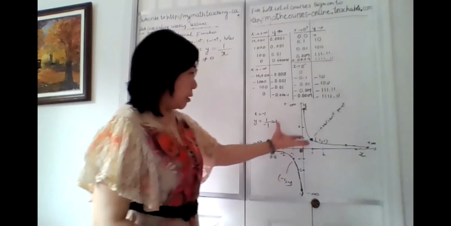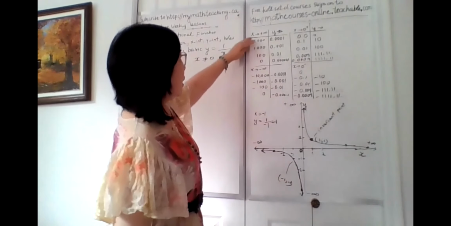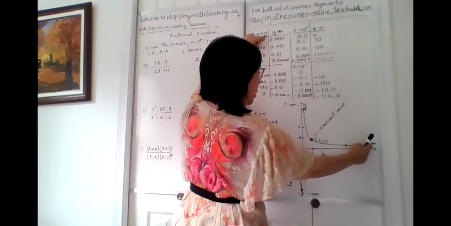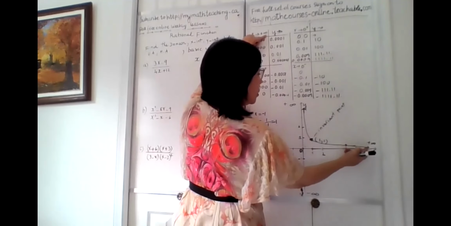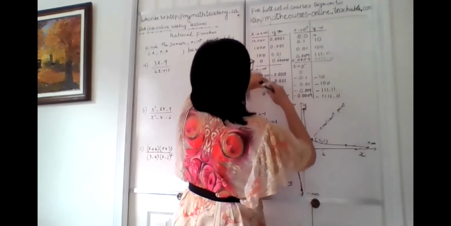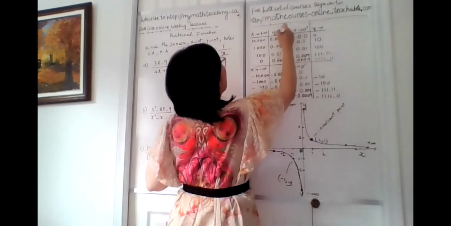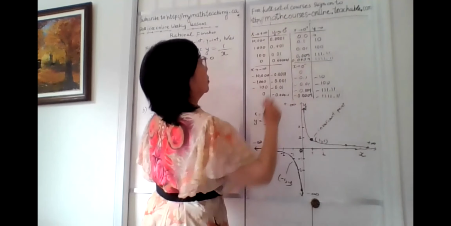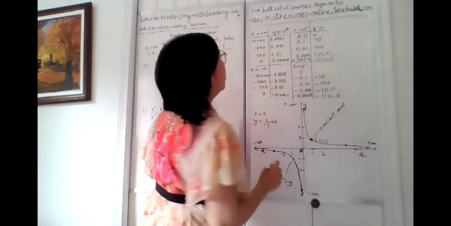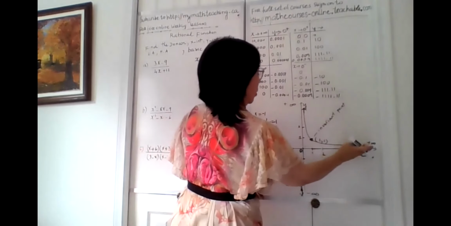Based on the sketching, we can draw a conclusion that as x gets very large, toward positive infinity, y gets very small, close to 0, right? So I'm going to fill it in here: y will get to 0, but positive. On the right-hand corner, I put a little bit of positive there to show that the 0 here is on the positive side.